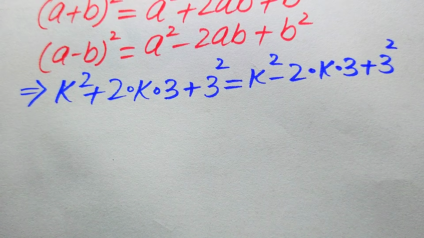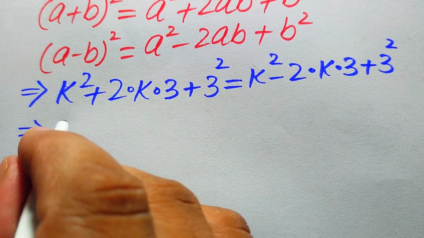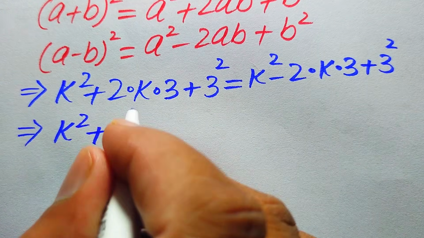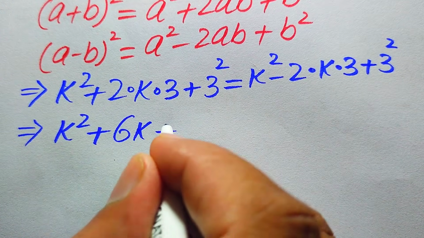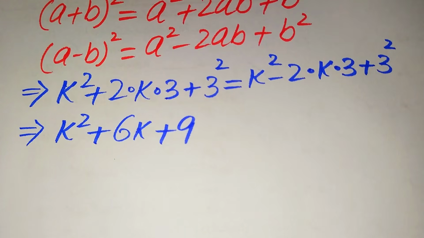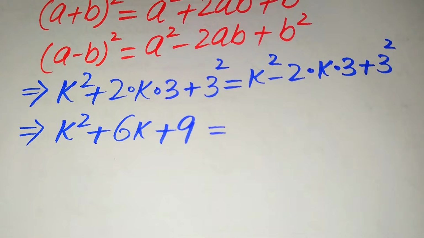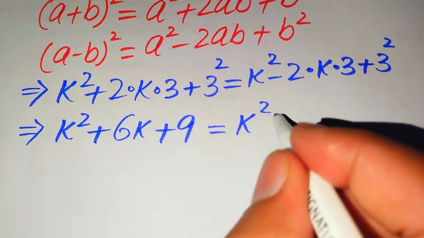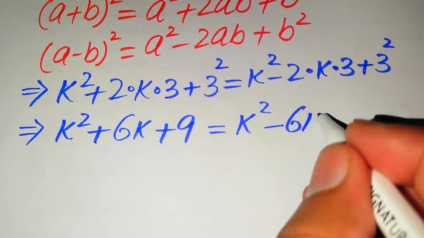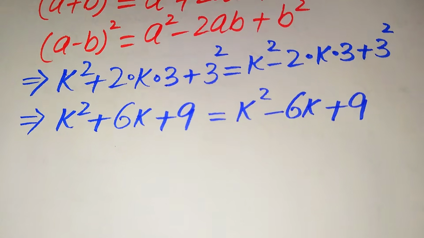And now in the next step we need more simplification, and we get k square plus 2 times 3 becomes 6k plus 3 square becomes 9, and this is equal to k square minus 2 times 3 becomes 6k plus 3 square is also 9.